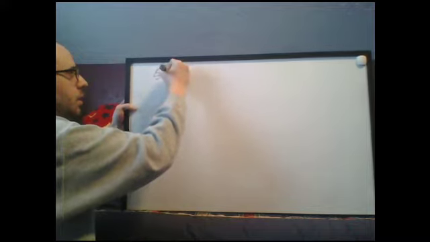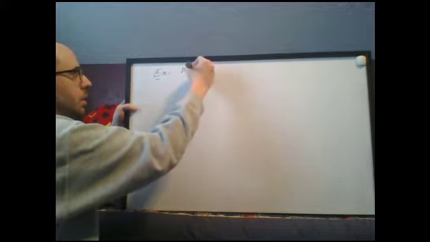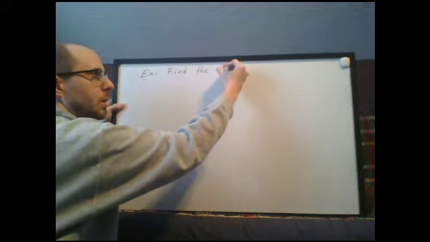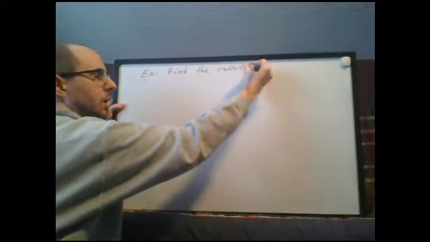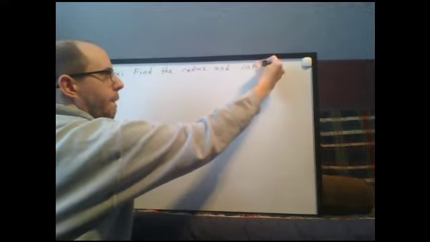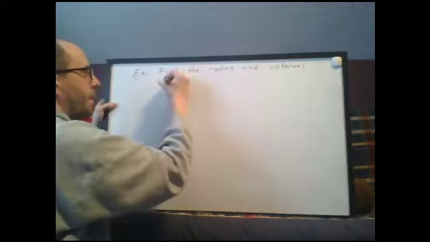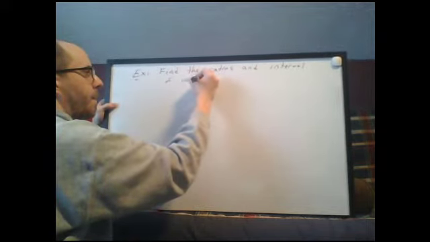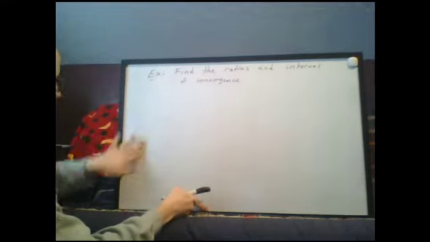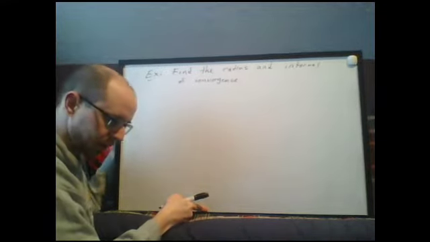So I'll just write the question once, but here's the way these are phrased usually. Find the radius and interval of convergence. All right, so then you're given a series.